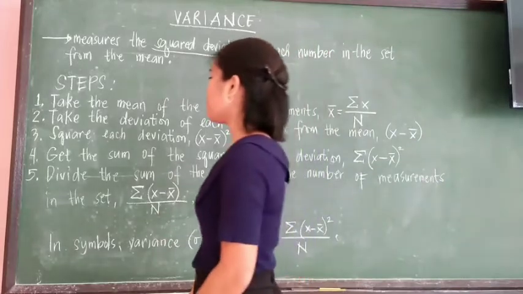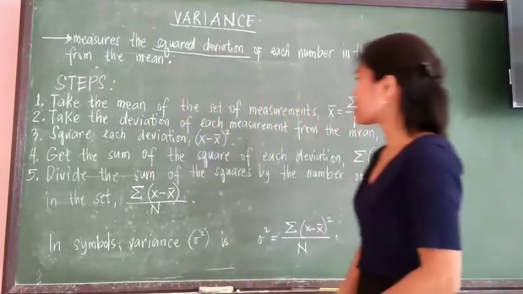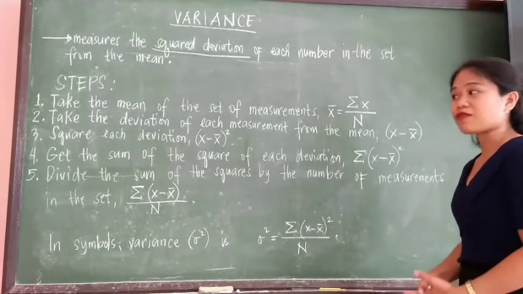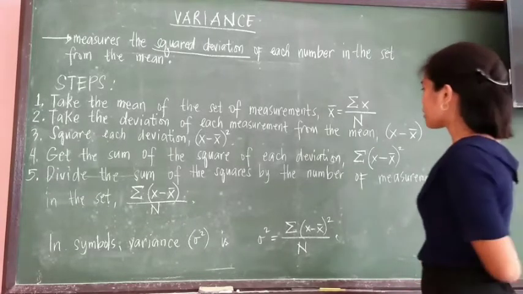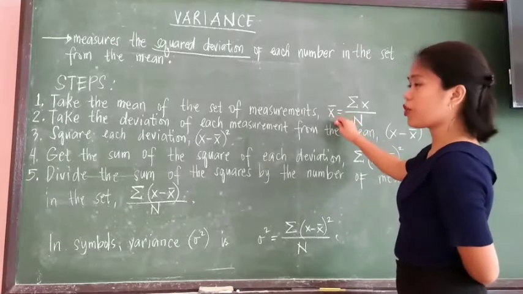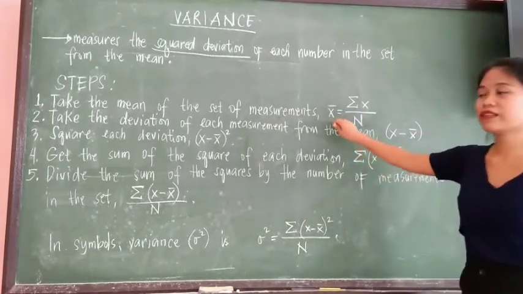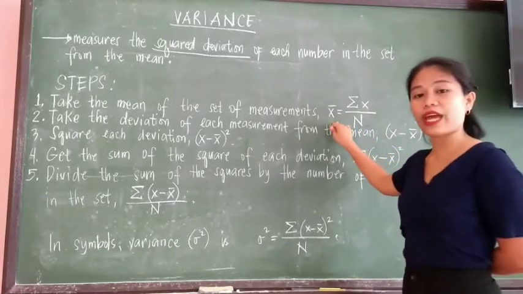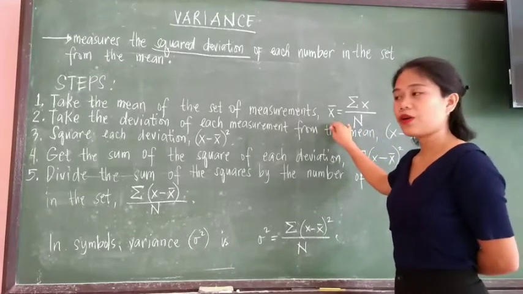Okay, step 1. Take the mean of the set of measurements. So mean is the average. We are going to use the formula x bar is equal to the summation of x over n in getting the mean.